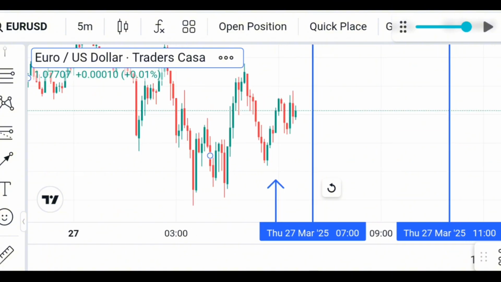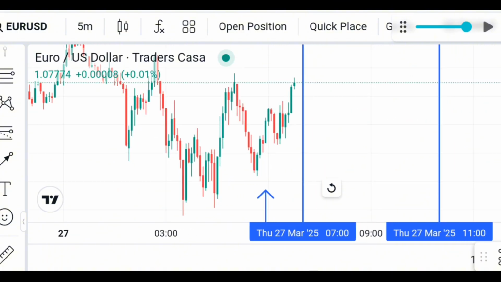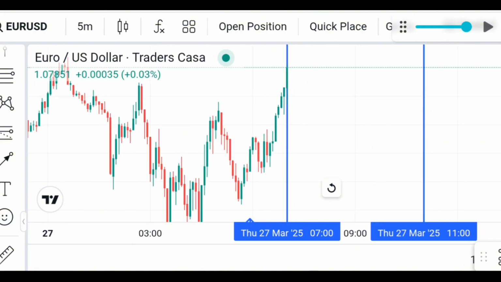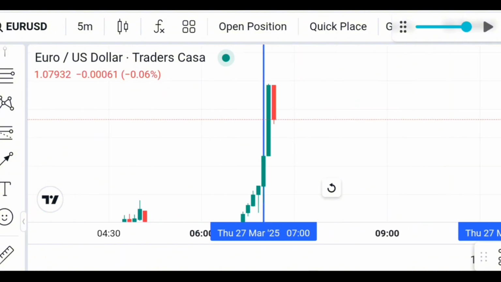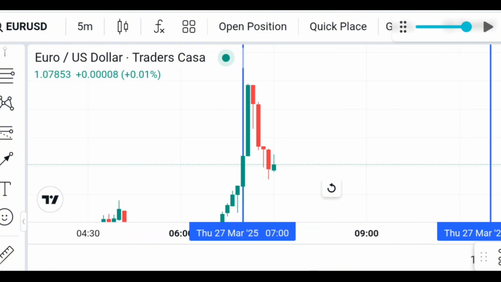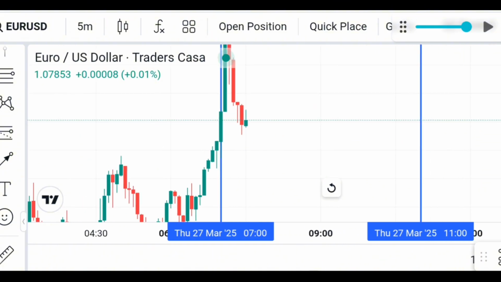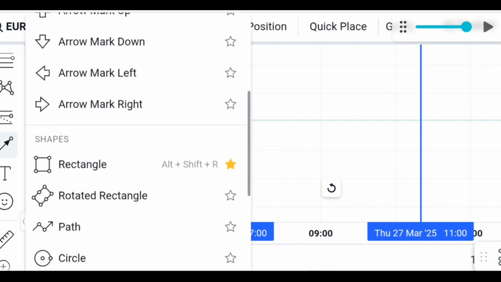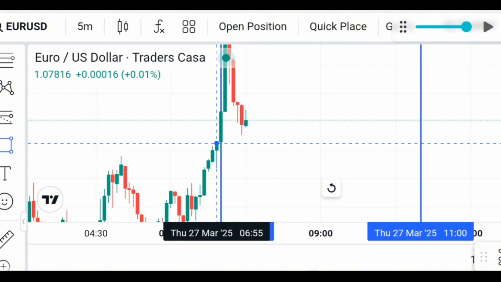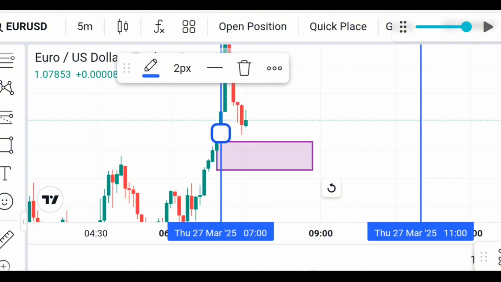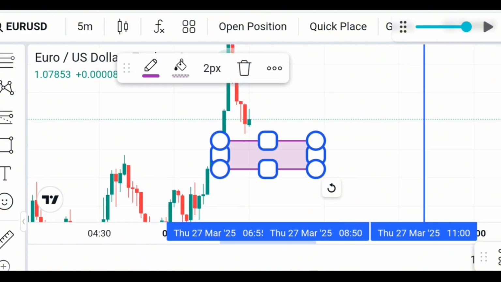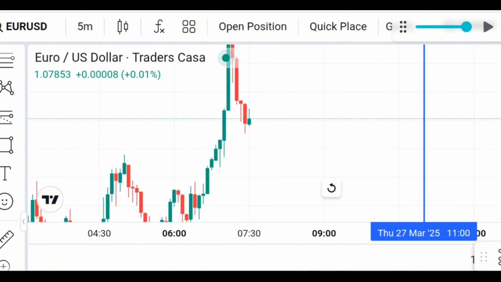So let's see, that's so far 1-to-1, but it's not in our session, so it has shifted structure to the upside. So here's our session. Okay, wait. So here we really have a demand order block right here. If I first delete this, you can see that we really have that demand order block.